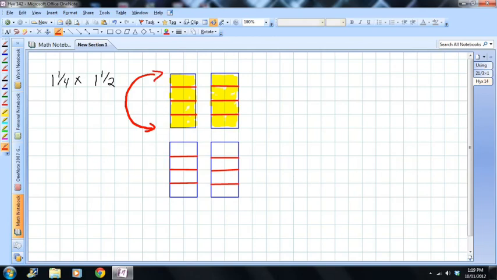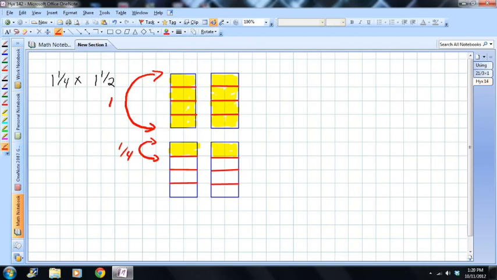And then here I'm going to shade 1/4 of those rows. All right, so that's my 1 and that's my 1/4. So for now, I'm done with the 1 1/4.